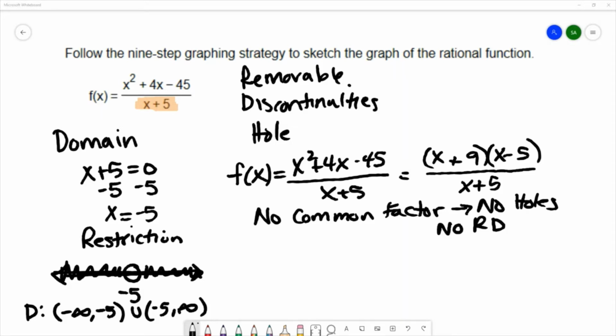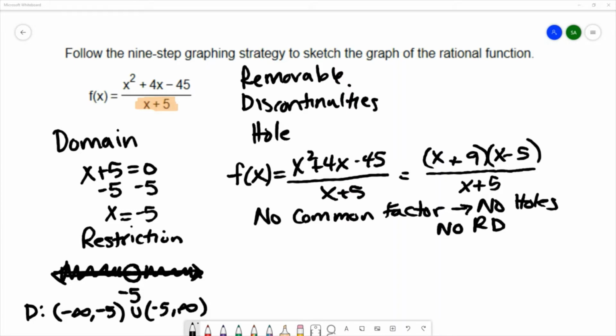And the next thing that we're going to check for is symmetry. So what we're looking for is to see if this graph has origin symmetry or y-axis symmetry.